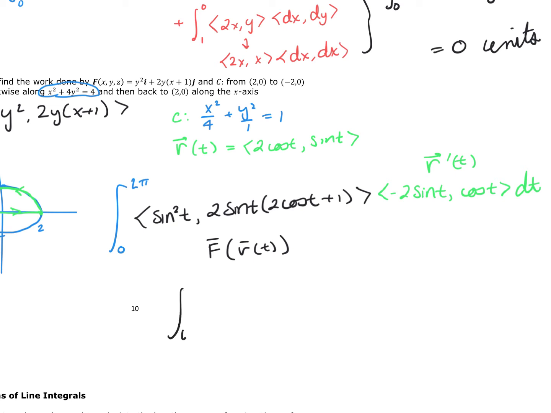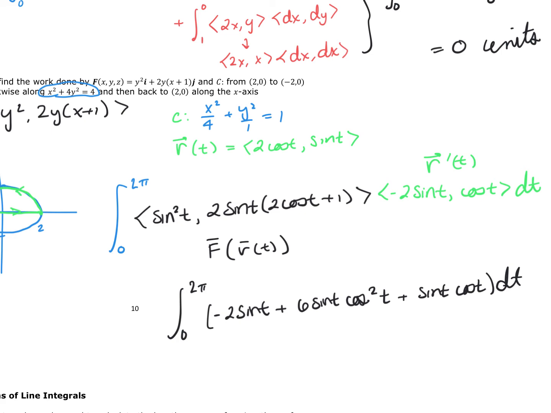And when I do the dot product from 0 to 2 pi, I'm going to end up with, and you all should check this by doing it yourself, negative 2 sine of t plus 6 sine of t cosine squared of t plus the sine of t cosine of t dt.